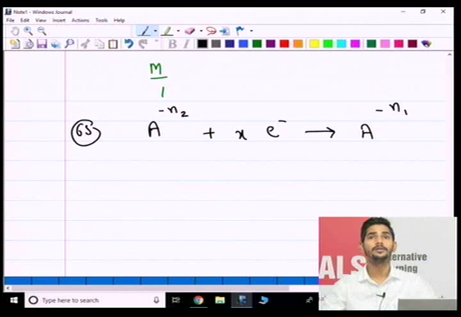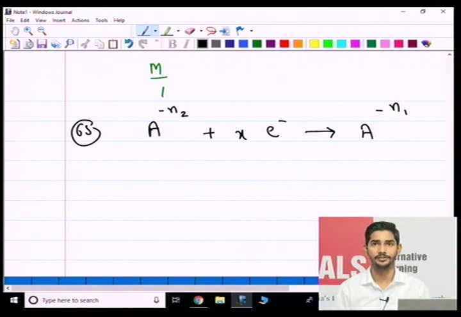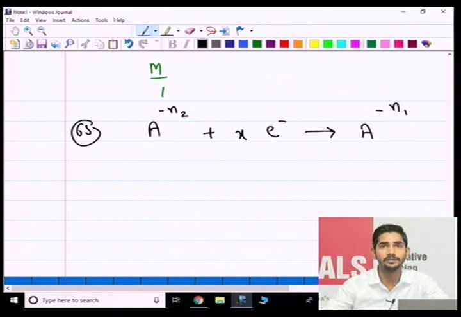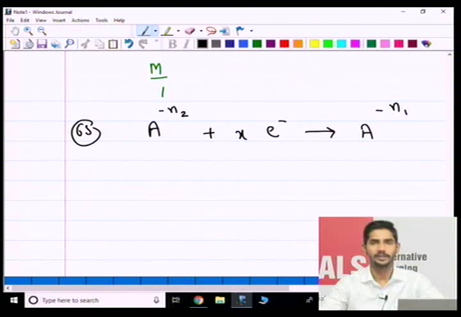If you remember, I have explained it when I started the n factor of the oxidizing agent and the reducing agent. So guys, please, anyone can tell me how can I calculate the n factor in this question? I think you can do this one very easily.